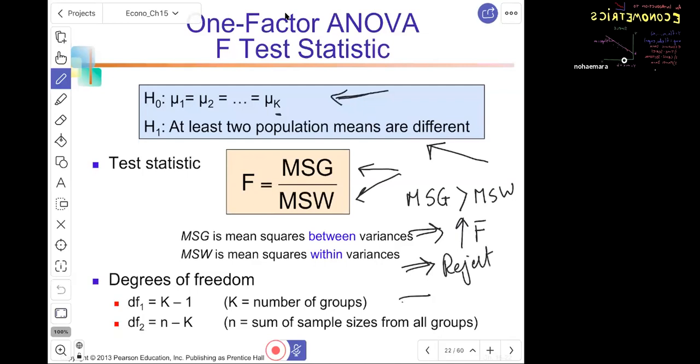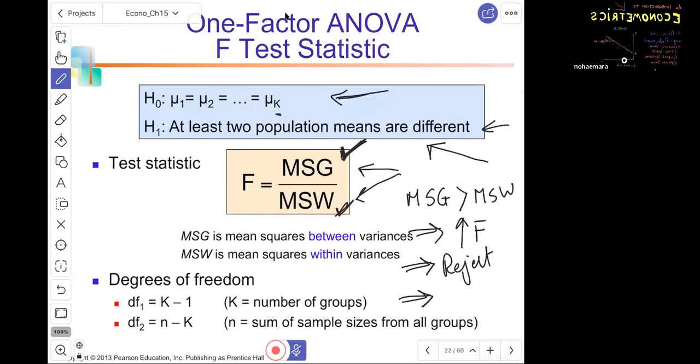And if you reject the null, then you would say that there is a statistically significant difference between the means of the different groups, right? So you would say, this one is bigger than this one, then this means that there is a statistically significant variation in the means between groups.